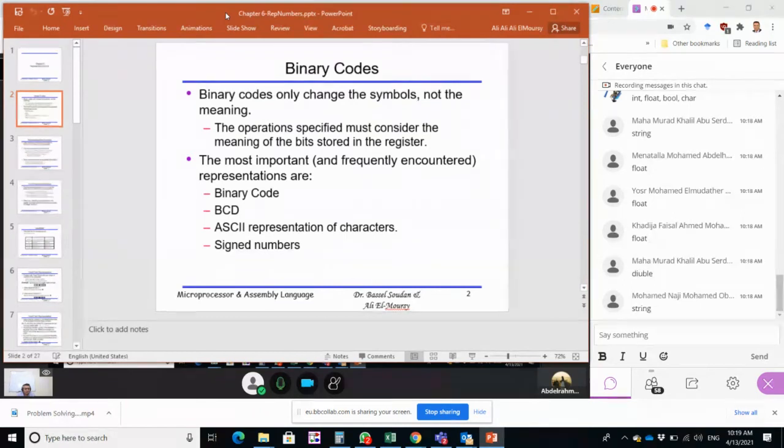We learned unsigned integers, right? We learned signed two's complement numbers, and we learned sign magnitude. Those are the three representations for numbers in binary. Those are three different methods to represent the decimal numbers in binary.